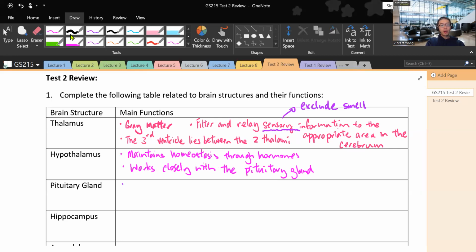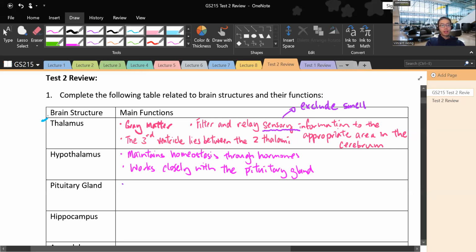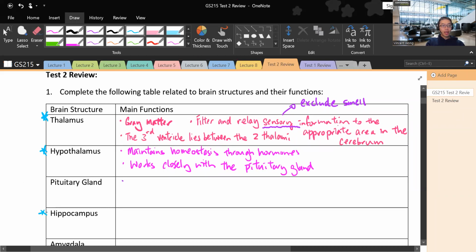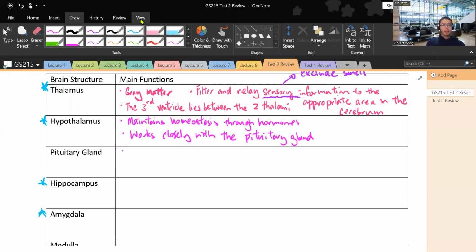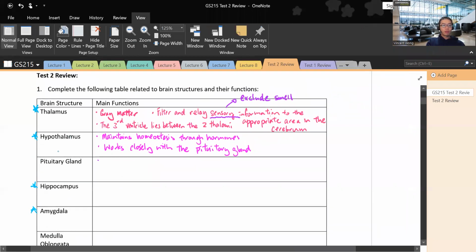You should probably know that the thalamus, the hypothalamus, the hippocampus, and the amygdala, which we haven't talked about yet, all these four structures are part of the what system? Yes, thank you, part of the limbic system.